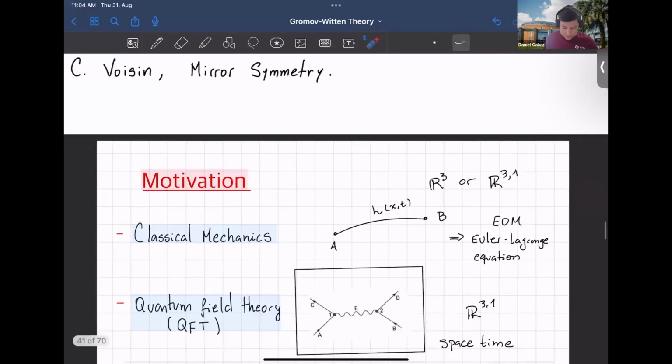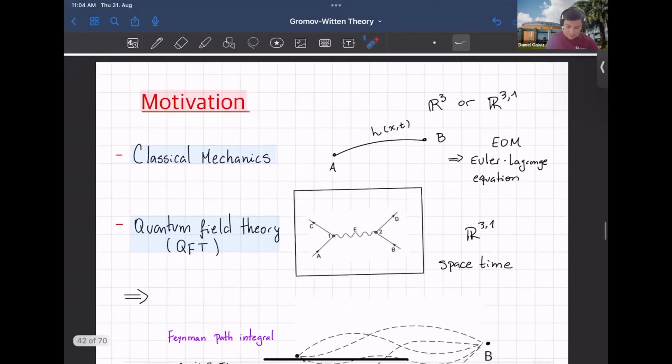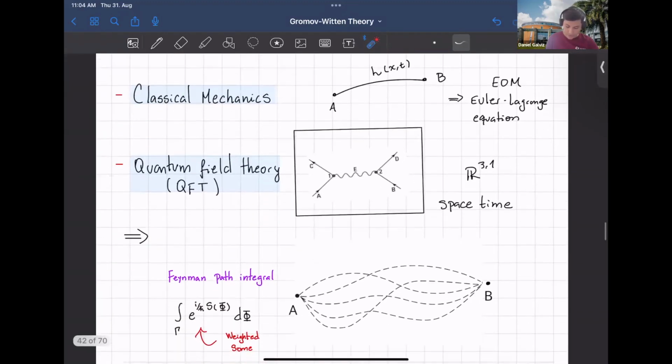Then in quantum field theory, you unify classical mechanics and quantum mechanics with special relativity. For example, if you want the probability of a particle going from one point to another, and you have some interaction, then this will be given by a Feynman path integral.